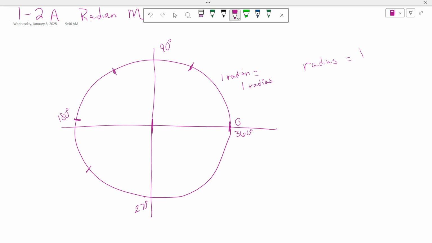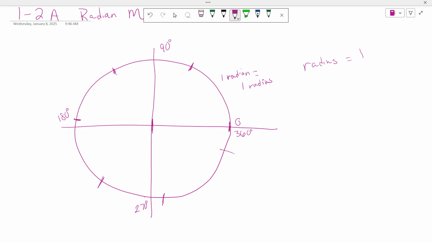And I think 5 radians is about right there. Well, no. Let's try this. That might be a little closer. 4 might be more like here. 5 about here. 6 about right here.